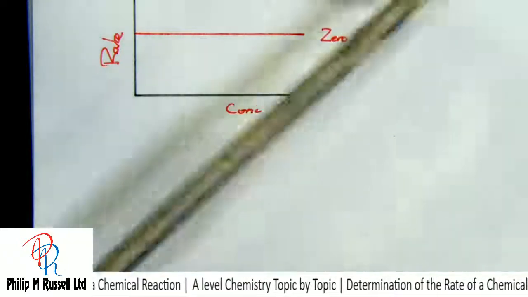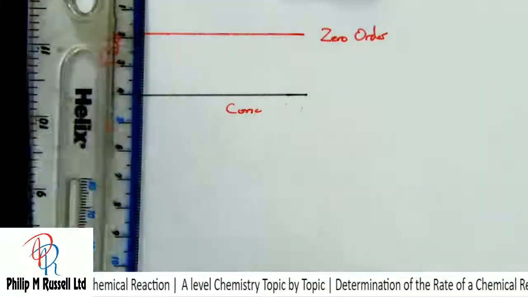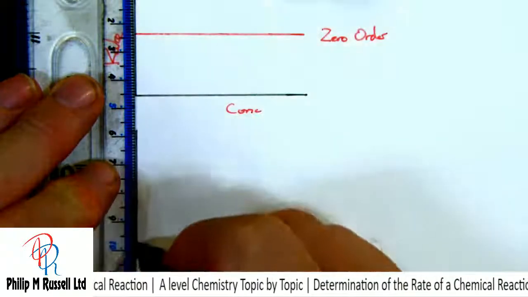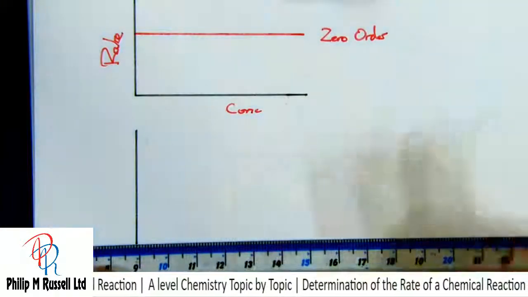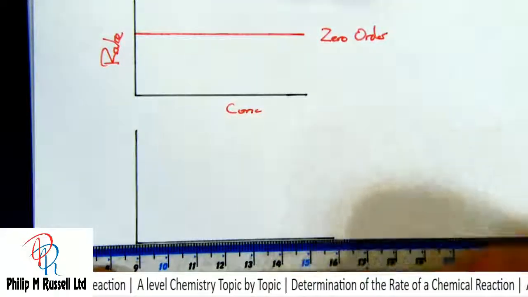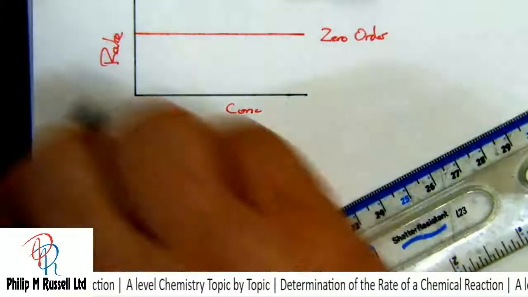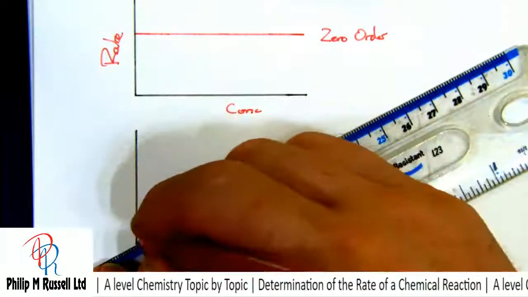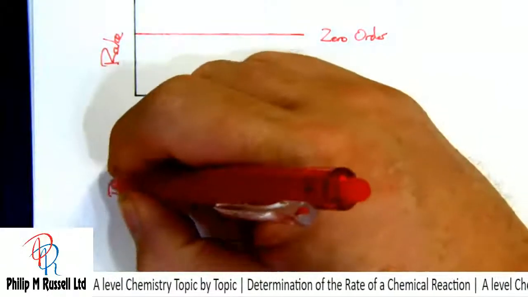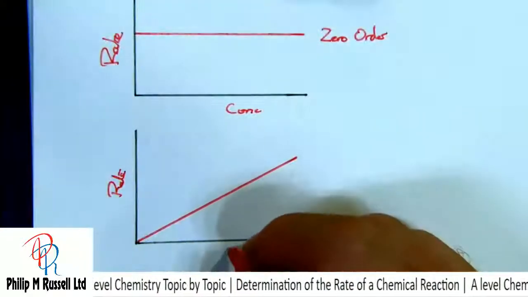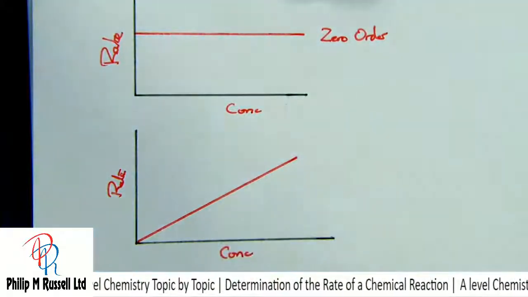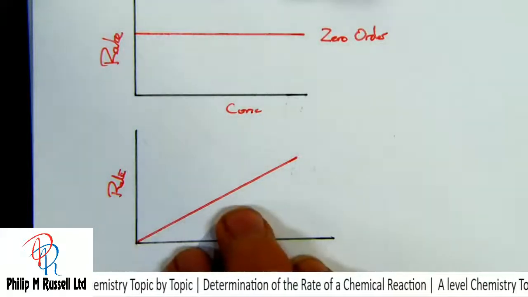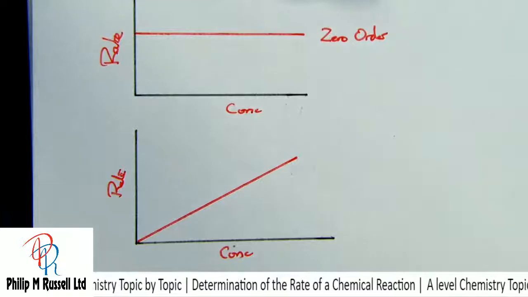If I can put in my first order reaction, then as one doubles, so the reaction doubles.